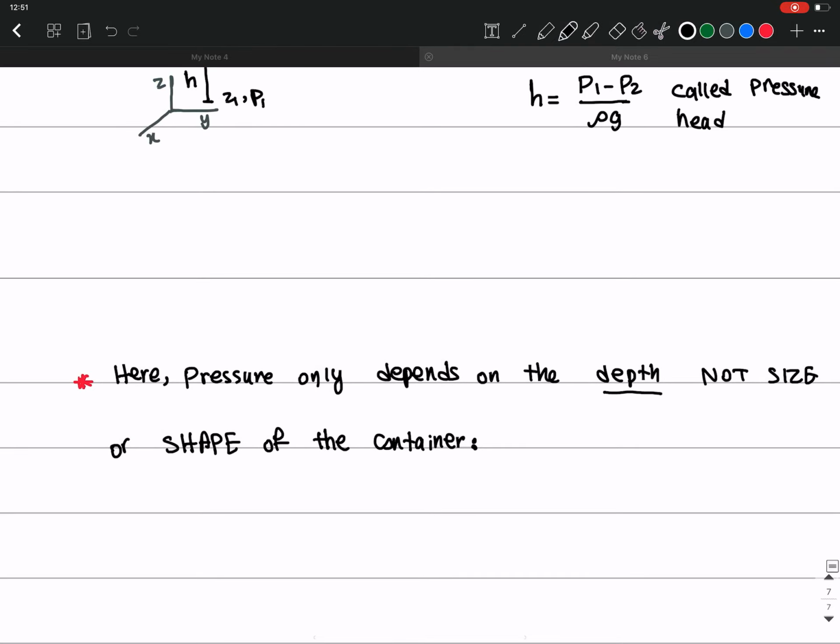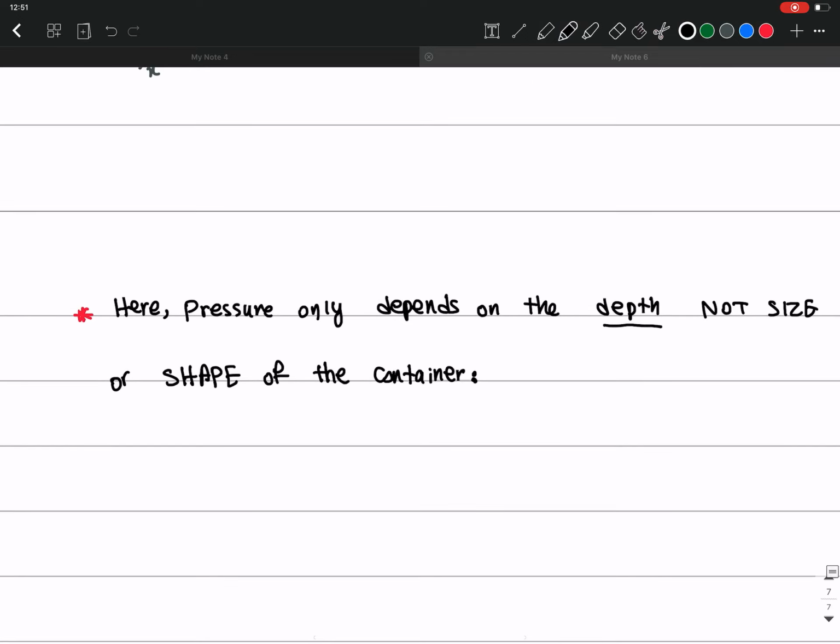So what does this mean? It means if you have different shapes or sizes of the container, but you have the same vertical distance, we will have the same pressure. So let's see.